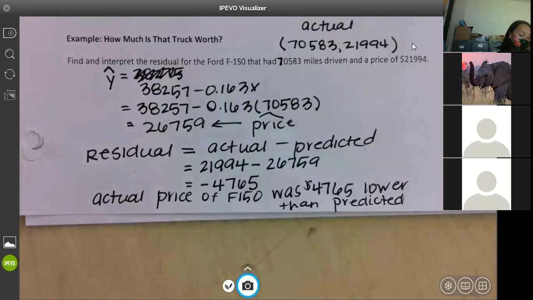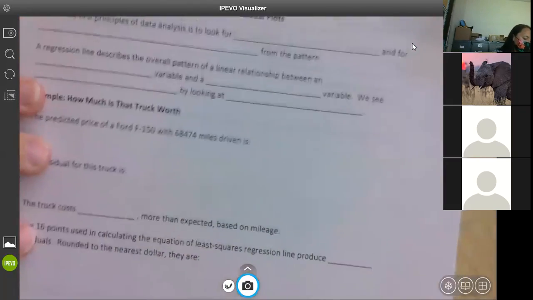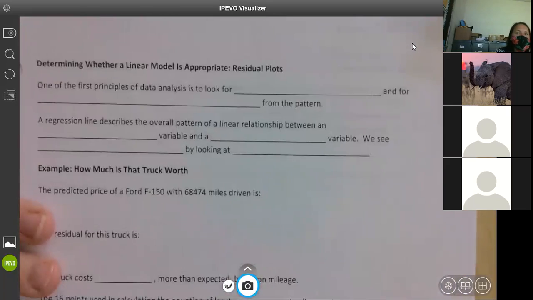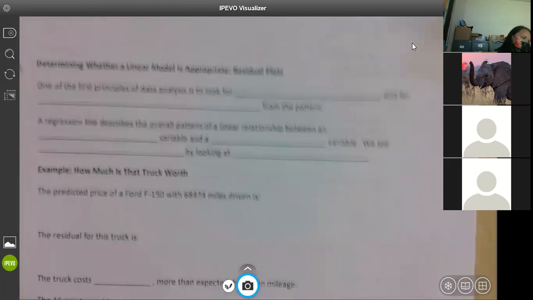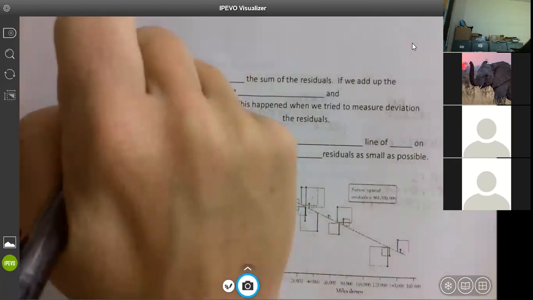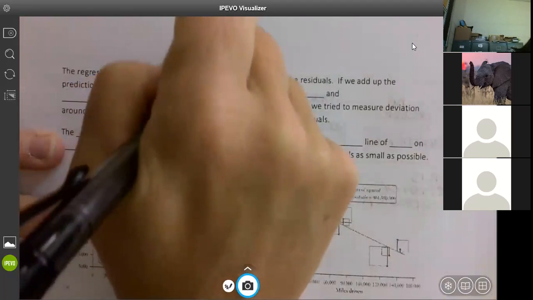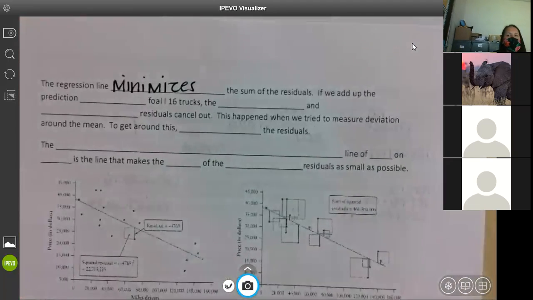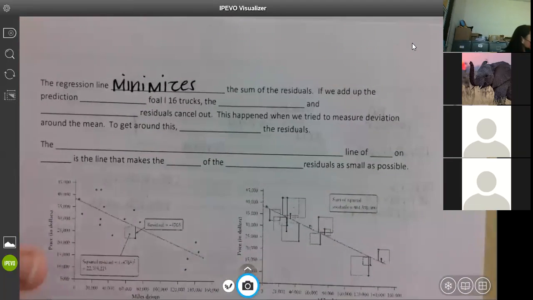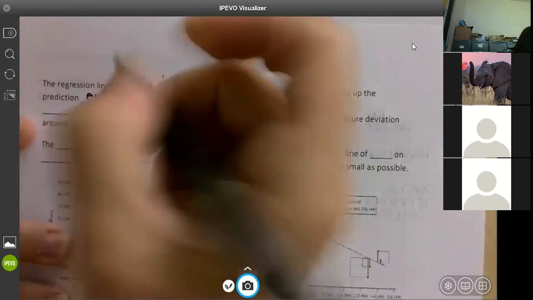This page is really quick. One of the first principles of data analysis is to look for, oh, this is not the right page, sorry. The regression line minimizes the sum of the residuals. If we add up the prediction error, there's a lot of mistakes in here.